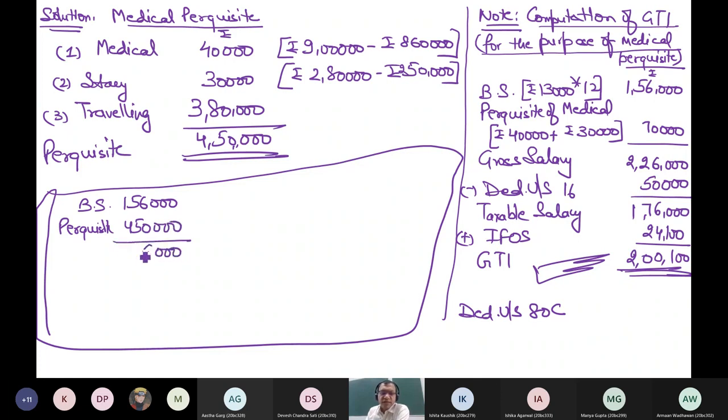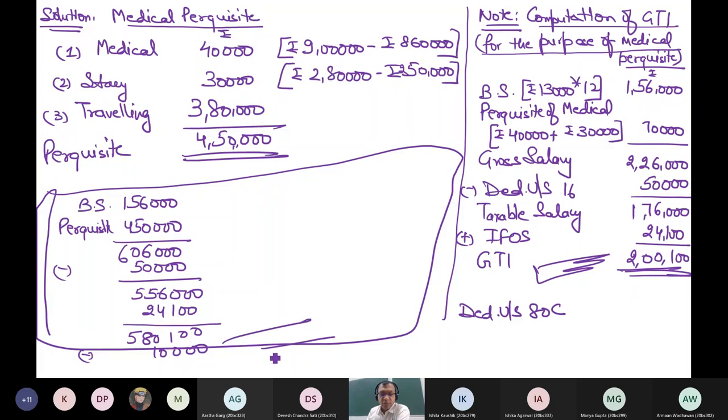This is how I will proceed when I do my final calculation. Less 16, 50,000. It will be 556. Add income from other sources 24,100. 580,100. Less 80C 10,000, and my total income would have been 570,100.